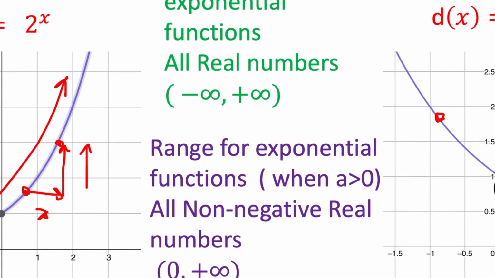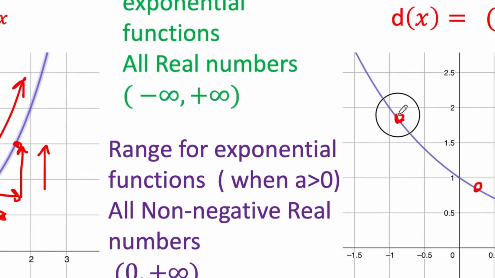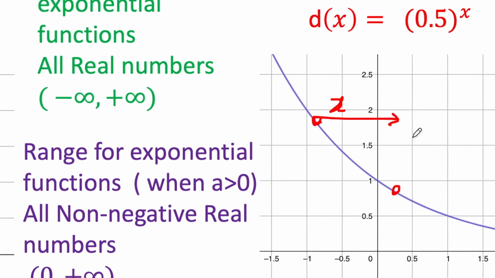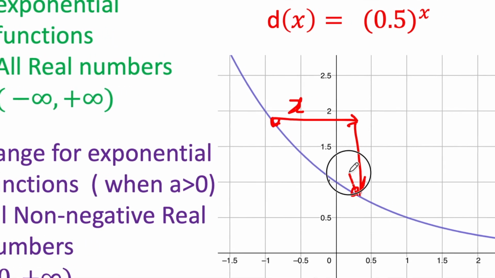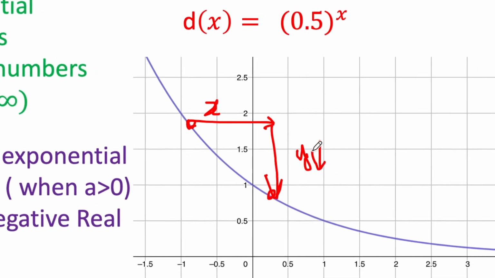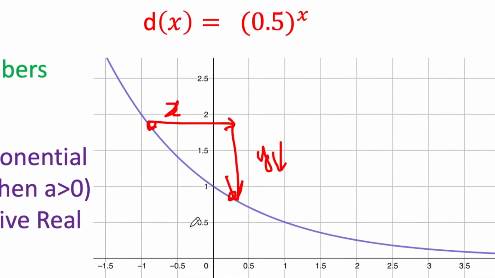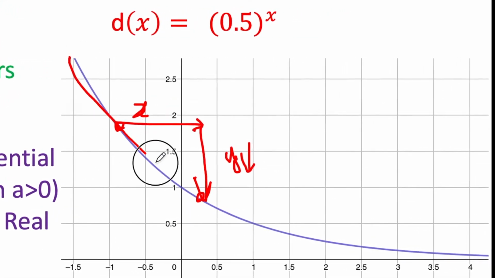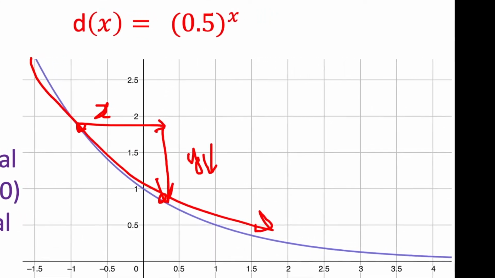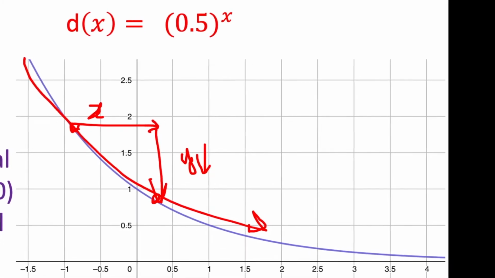For the decreasing function, if you take 2 points from the graph, as x goes to the right, takes bigger values, y decreases, takes smaller values, goes down, and that's why you see the graph for a decreasing function going down like this. So this is what increasing and decreasing functions mean.